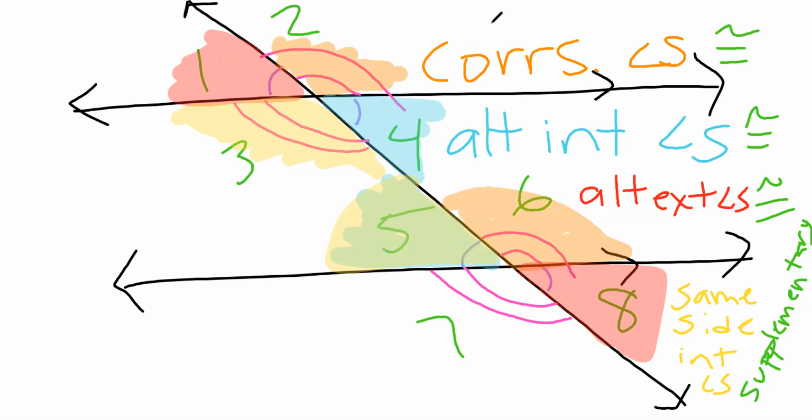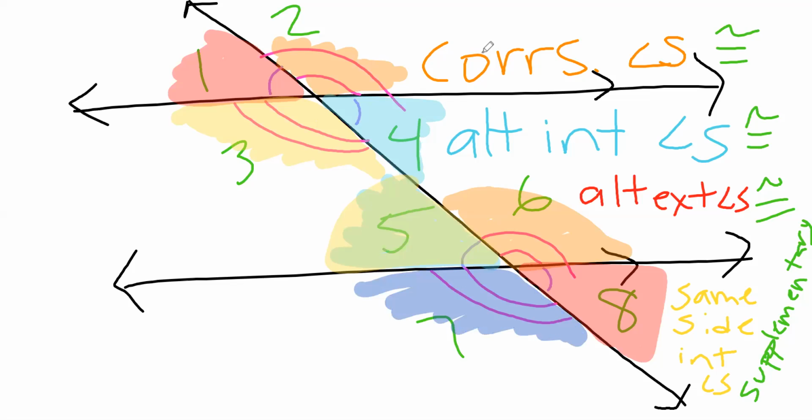There's also, I mean, technically you could talk about same side exterior angles, right? I mean, no one does though, because they just don't come up that often. Let's do a dark blue. That would be like number 7.